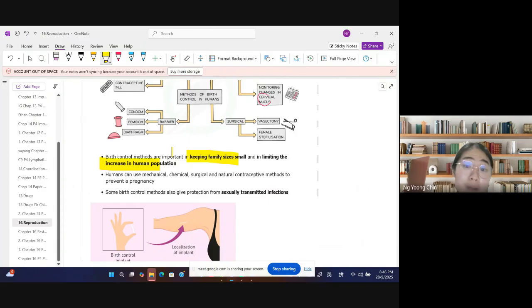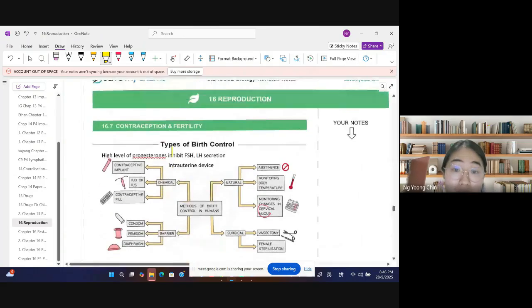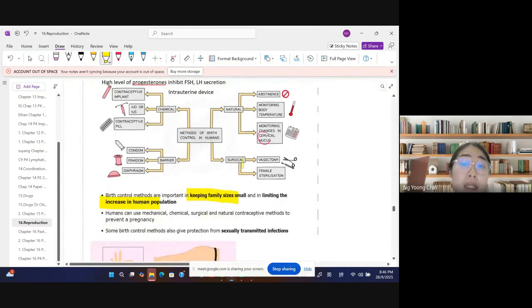So a lot of families want to restrict the number of children born, and they need to take birth control. If they have too many babies but don't have enough money to rear them, it will be a very severe issue. So that's why parents need to do birth control.